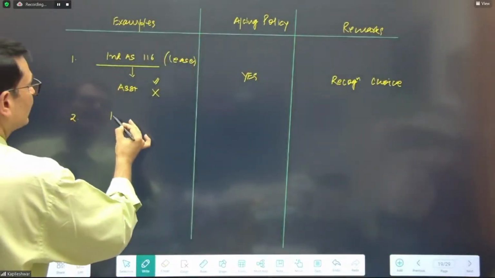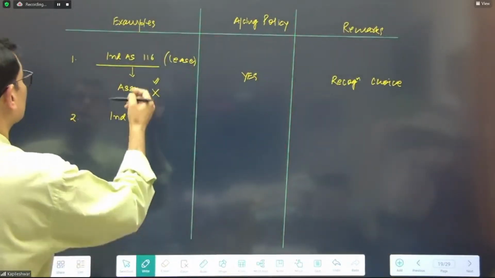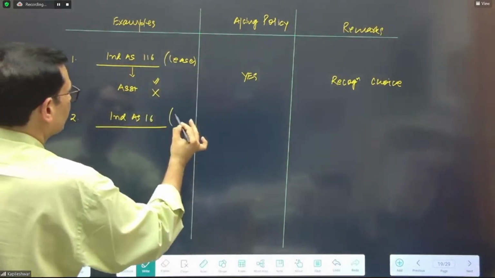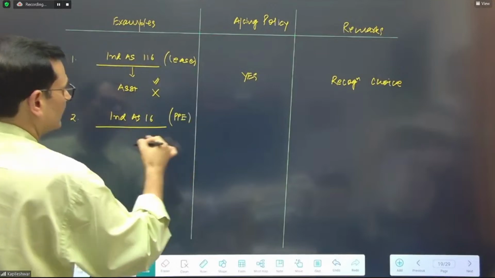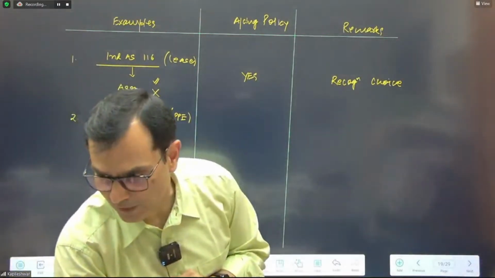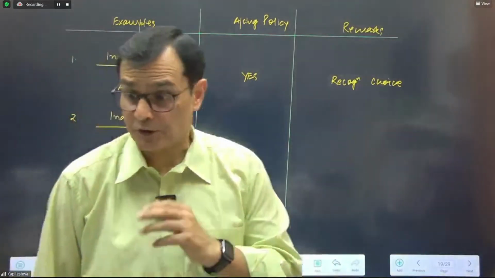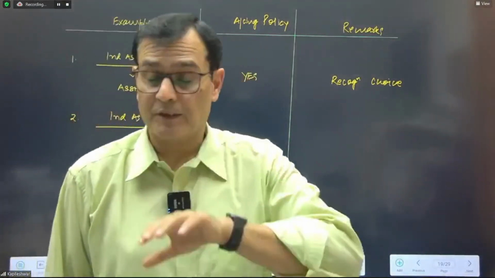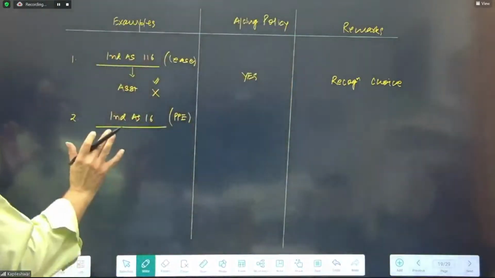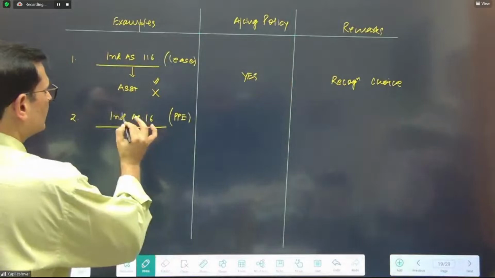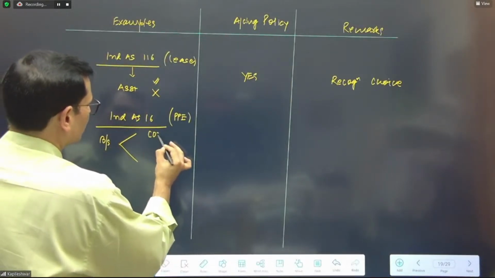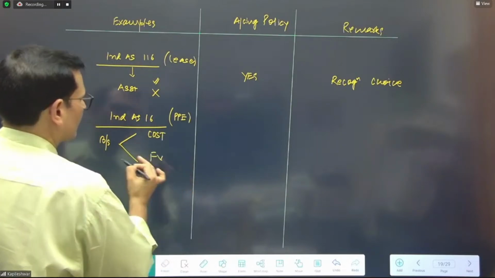Right now, we said in terms of Ind AS 116, leases. I'm looking at Ind AS 16, that is property, plant, equipment. I'm looking at PPE in this particular case, and I think I'm getting wonderful answers. Yes, it is a recognition criteria. You're right, Mohammed, absolutely. What you said is correct. In terms of Ind AS 16, the standard says that on the balance sheet date, you can either measure it at a cost or a fair value.